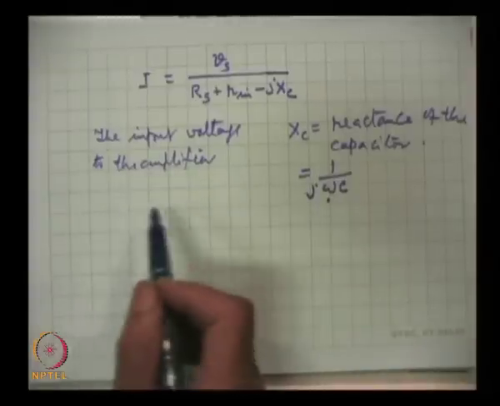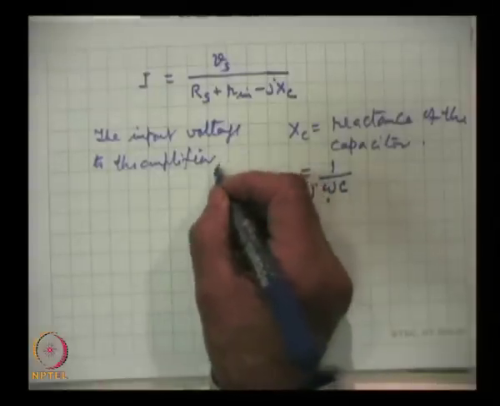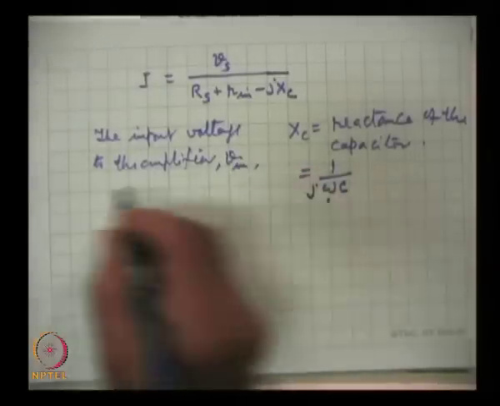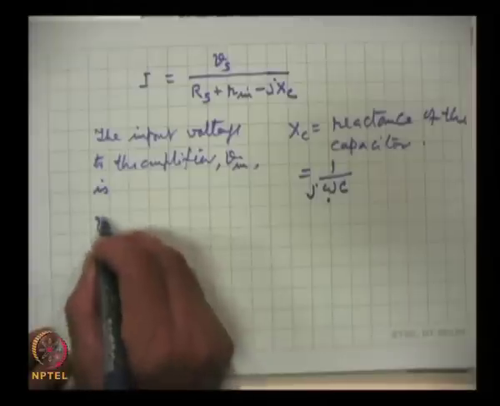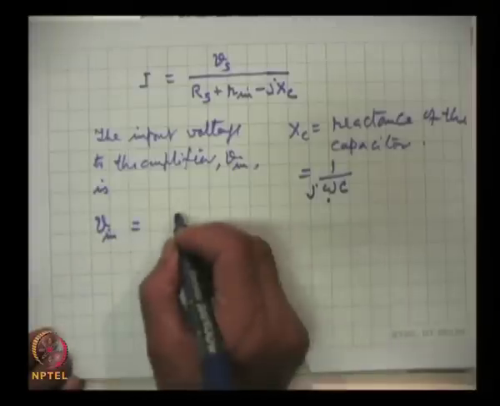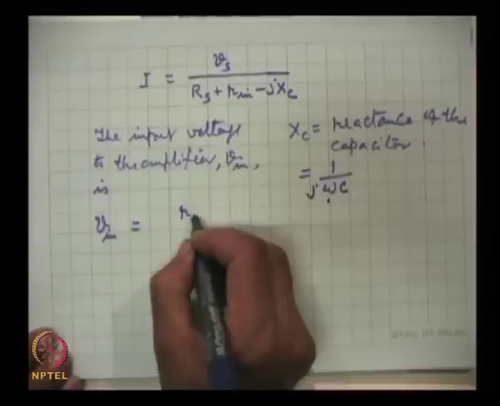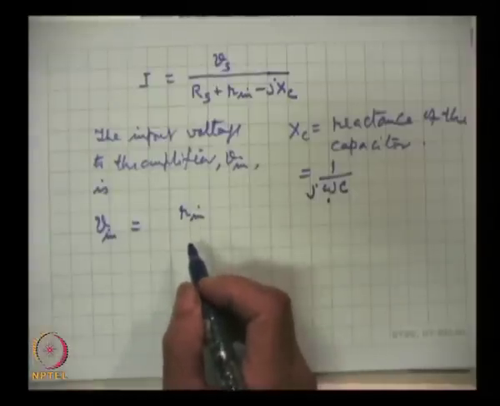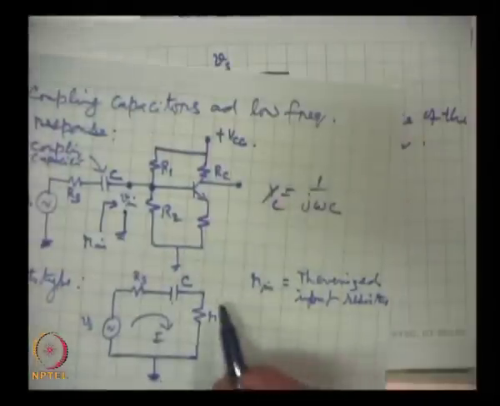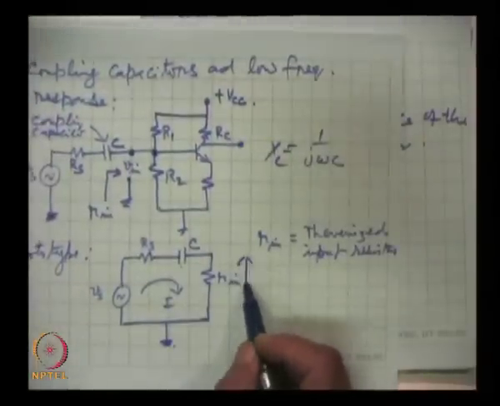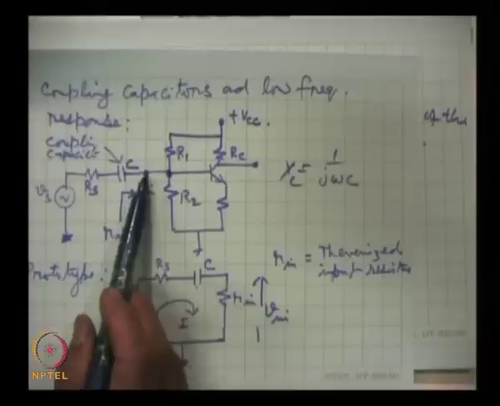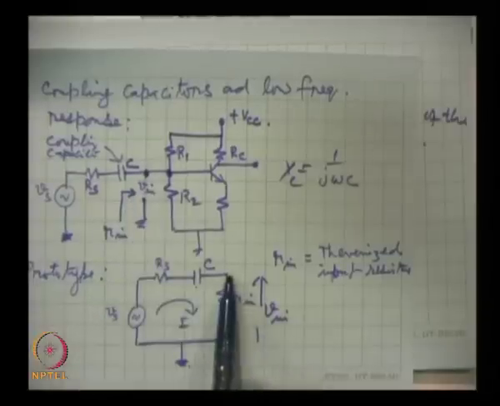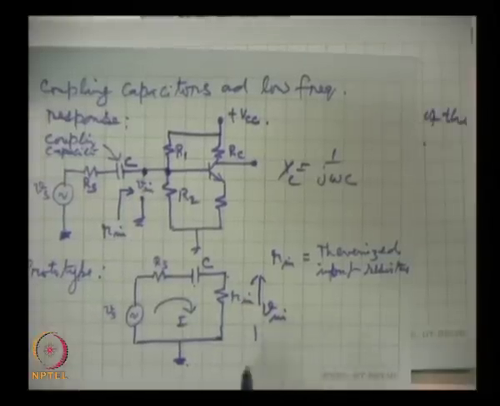So, the input voltage of the amplifier Vin equals, whatever is the voltage appearing here between this and ground, this is Vin.